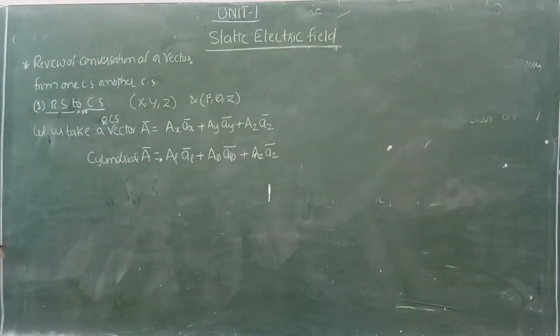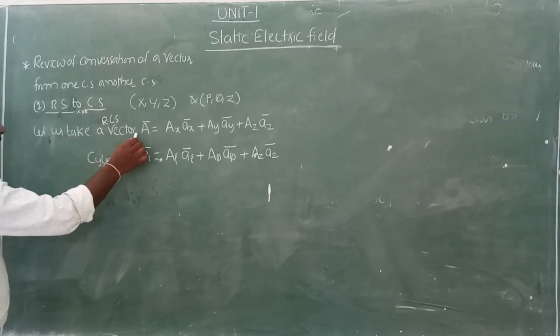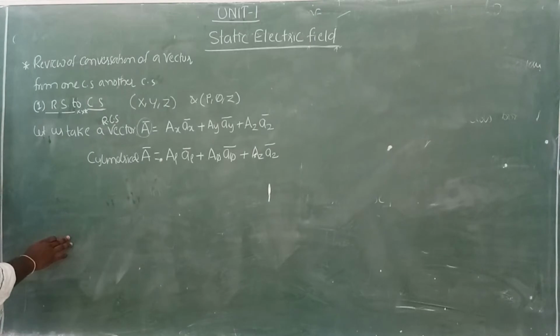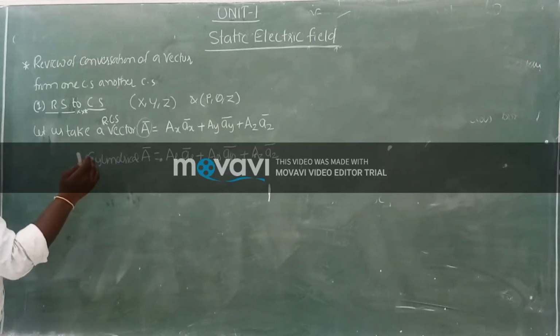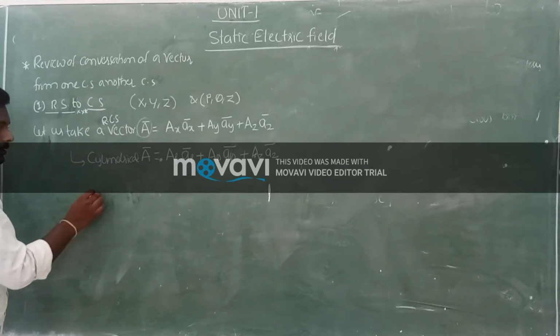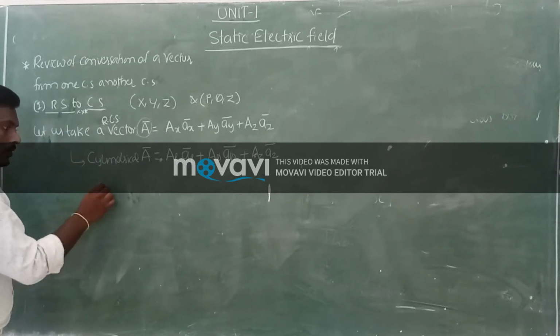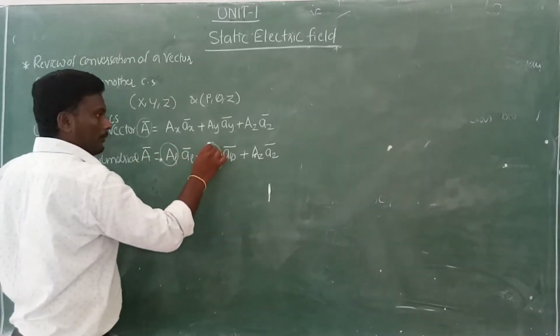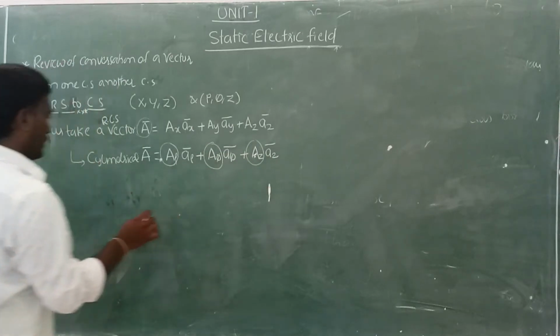Now, to convert a vector a bar which is in the Cartesian coordinate system to the cylindrical coordinate system, it is required to calculate a rho, a phi, a z.